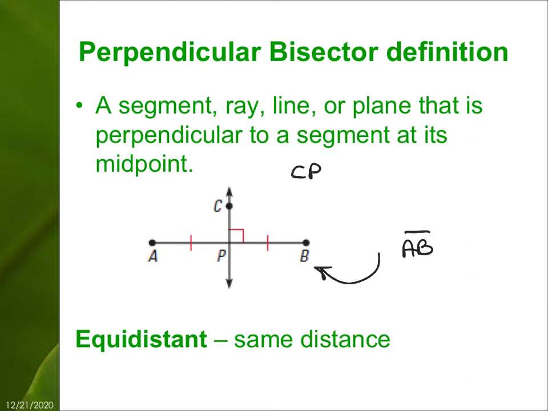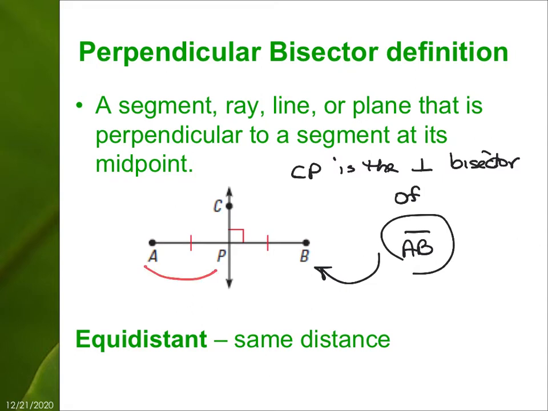So CP is the perpendicular bisector of AB. And AB is a segment. So what's being bisected must be a segment. It can't be a line, because when you bisect something, it makes two equal parts. So notice when this was bisected, the length of AP is the same length as PB.